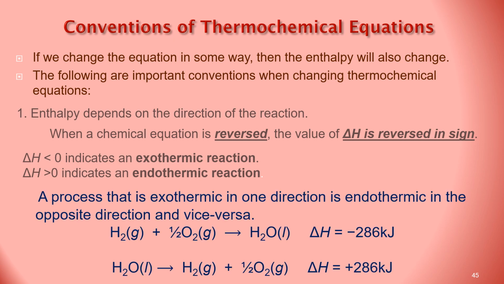So here's an example. H2 gas plus 1/2 O2 gas to form H2O liquid has a delta H of negative 286 kilojoules. So if we want to take the water and break it down to hydrogen gas and oxygen gas, then the delta H becomes positive. So it's just the sign changes, the value stays the same.